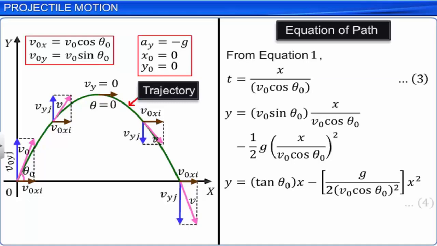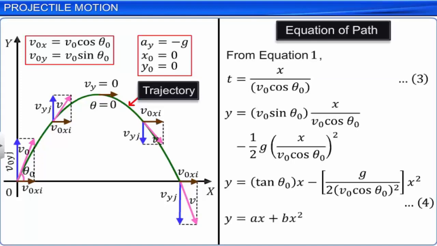In this equation, tan theta 0 and g divided by 2 into (v0 cos theta 0) square are constants, as g, theta 0 and v0 are constants. As you know, the equation of a parabola can be written as y is equal to ax plus bx square.